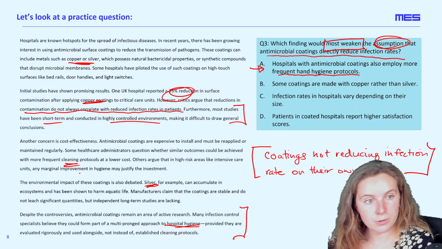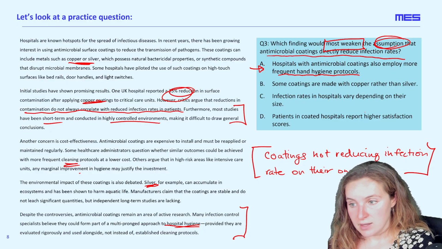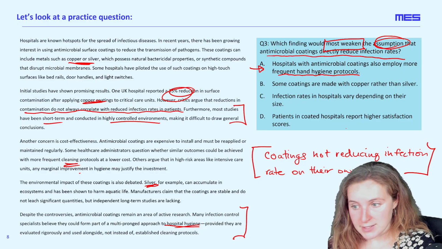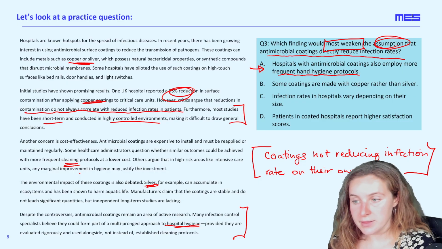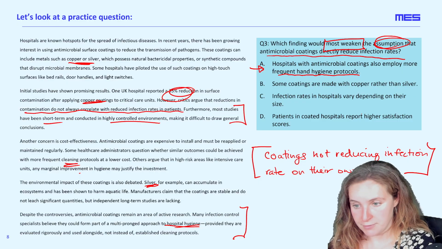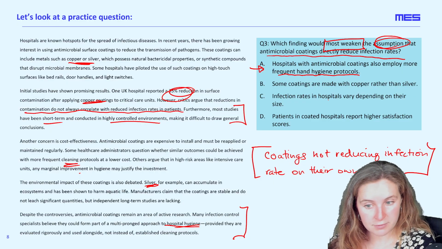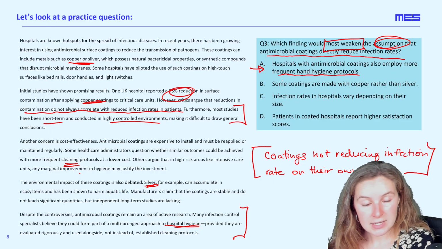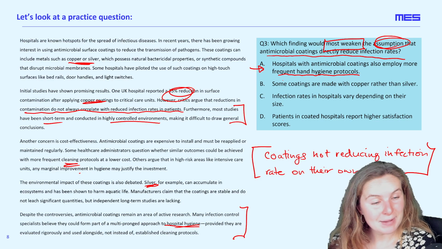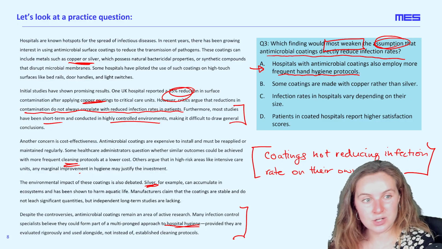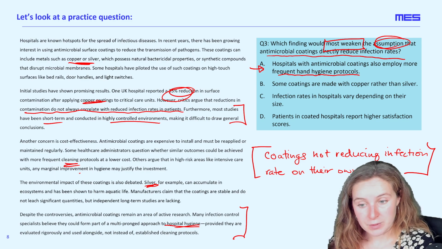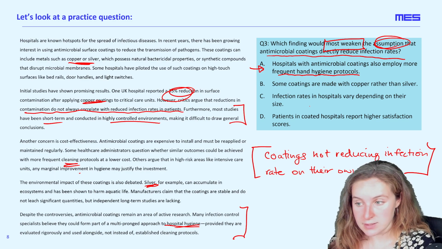No, right? We have no proof that the fact that it's copper or silver has anything to do with the reduced infection rates. We know that copper has a 35% reduction, but wisely, or sneakily maybe, the exam writers did not include the percentage of the effect of reduction in silver coatings.